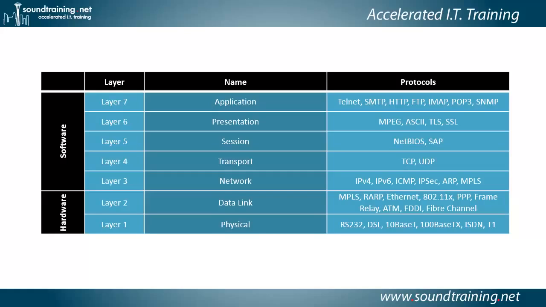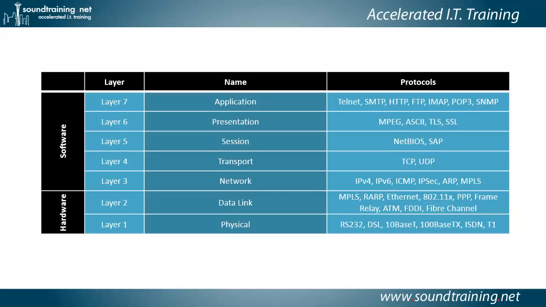IPv4, IPv6, ICMP for things like ping, IPsec, ARP, address resolution protocol, and MPLS, multiprotocol label switching, operate at layer 3. Now, MPLS is a little tricky because it really lives in between layers 2 and 3, so that's why I listed it in both layer 2 and 3.